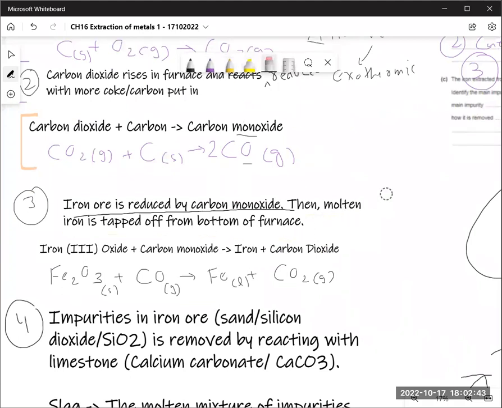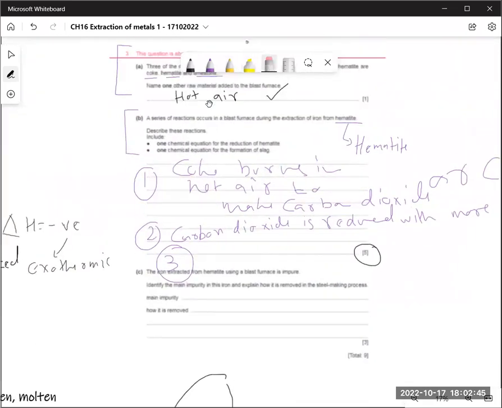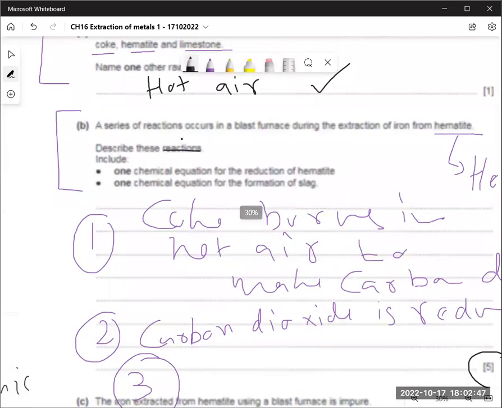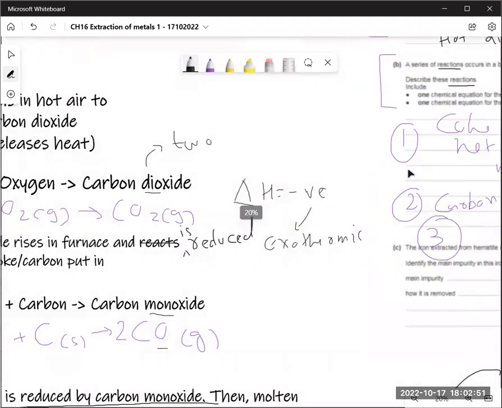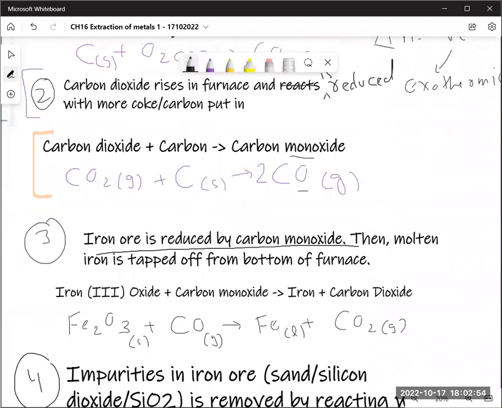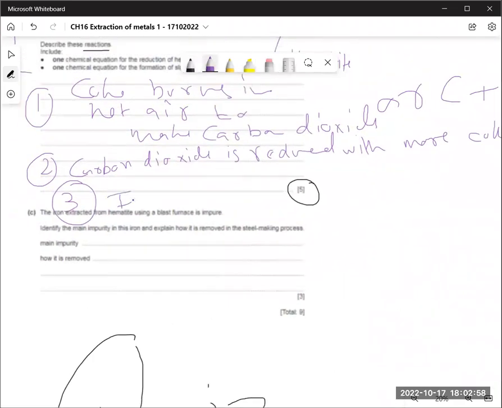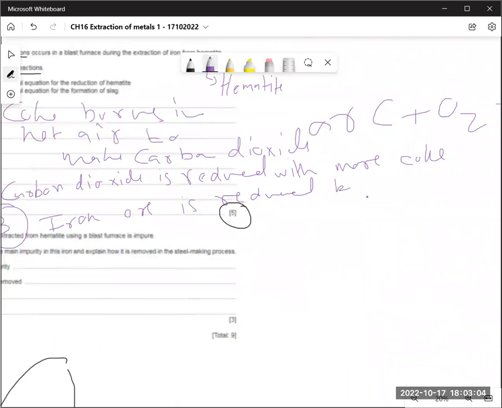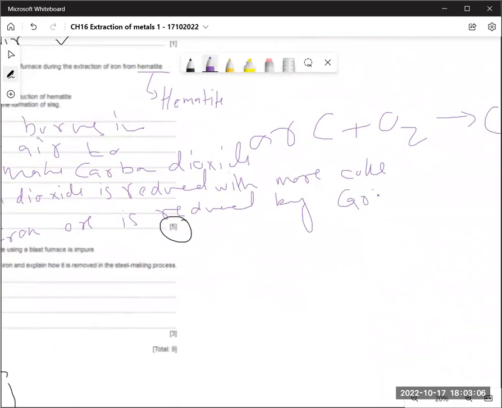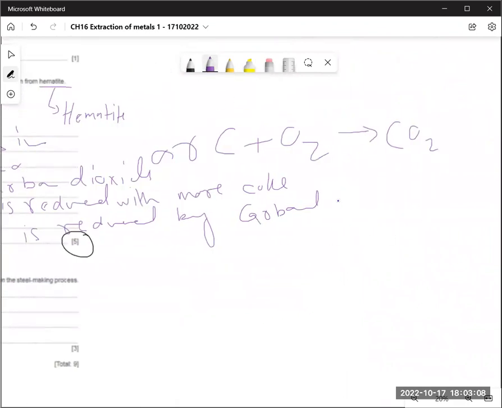The question is only asking about reactions. Describe these reactions, a series of reactions. So they're not asking about how you remove it. We just have to write this part. Iron ore is reduced by carbon monoxide. The third answer is iron ore is reduced by carbon monoxide.